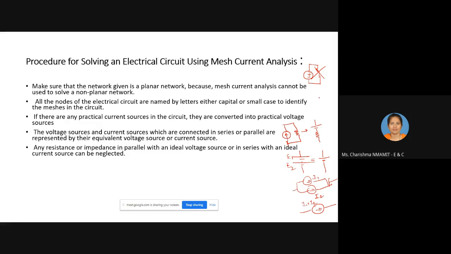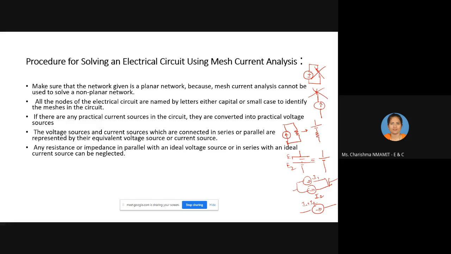And if there exists a resistance or impedance in series with a current source, this resistance also becomes redundant and you can neglect it, because the current flowing through that resistance is the same as the current source value.